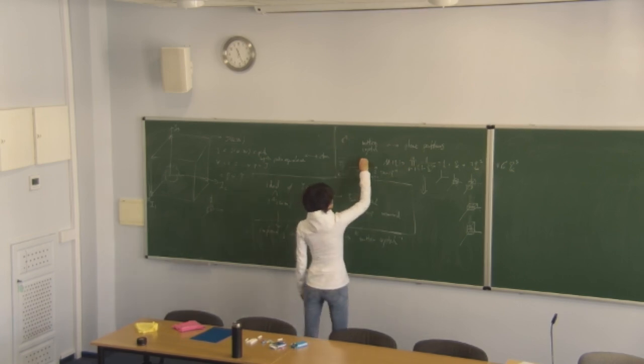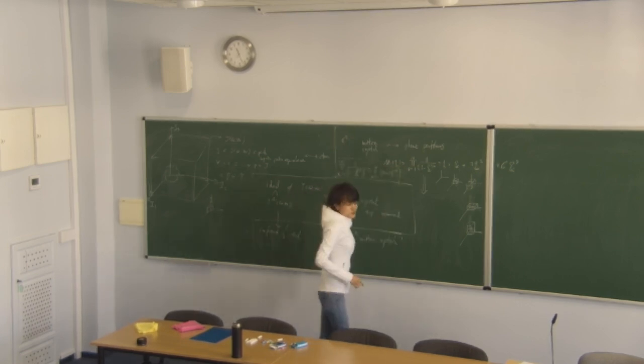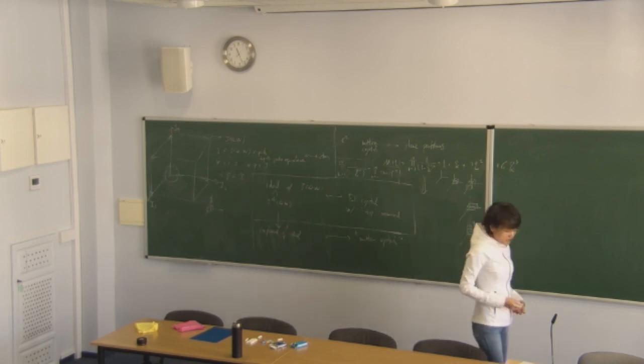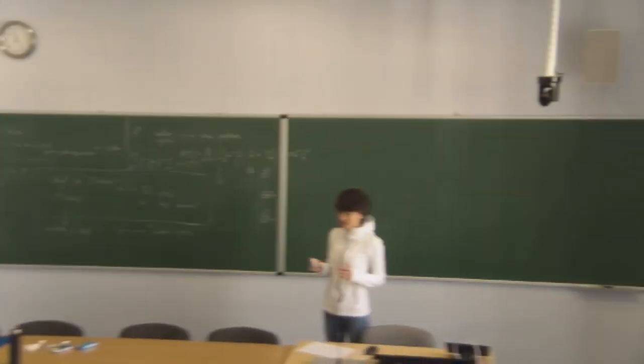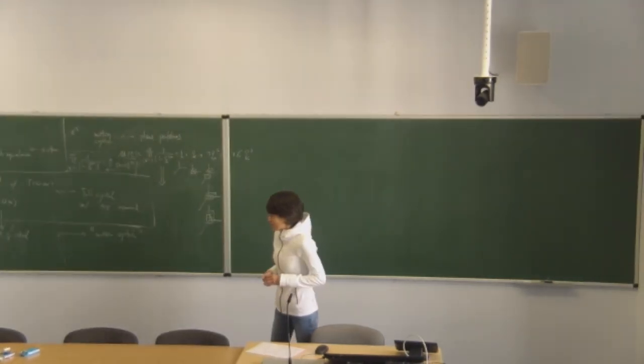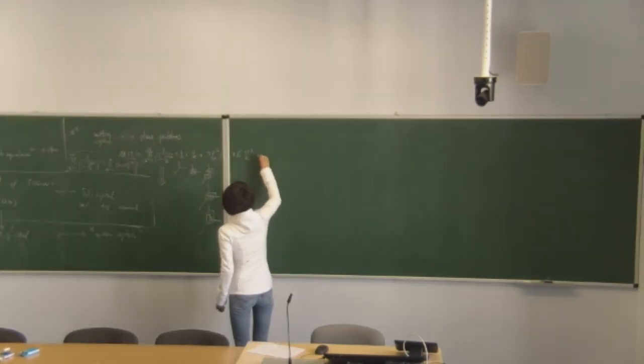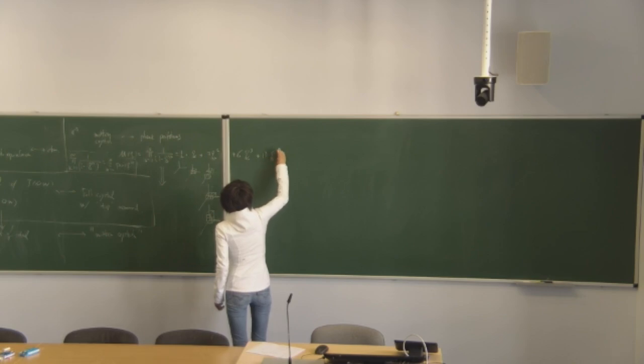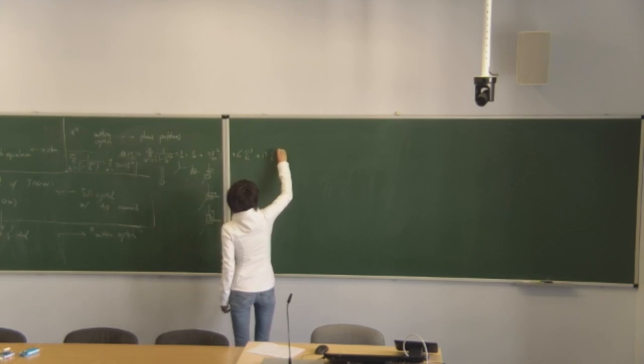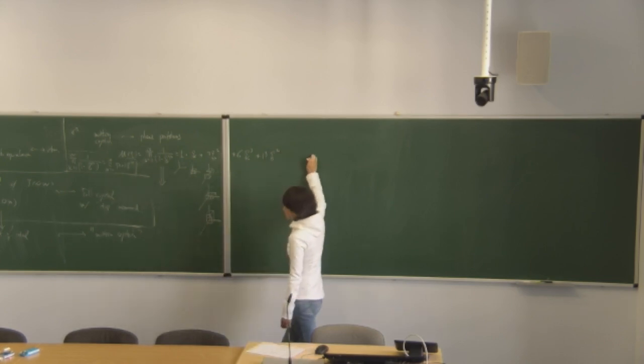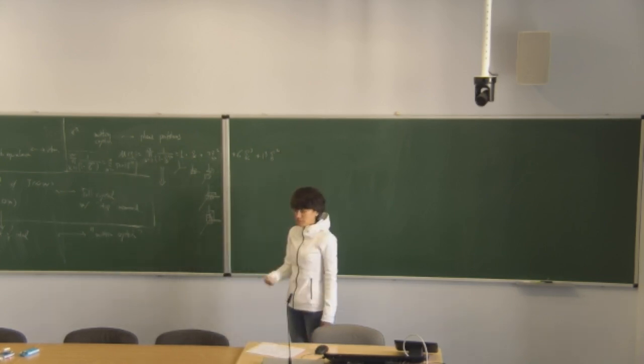And then he said, okay, I can write down the generating function for any dimension. He checked up to q to the 6th, and then he wrote a paper, and then it actually turned out to be wrong at q to the 7th.